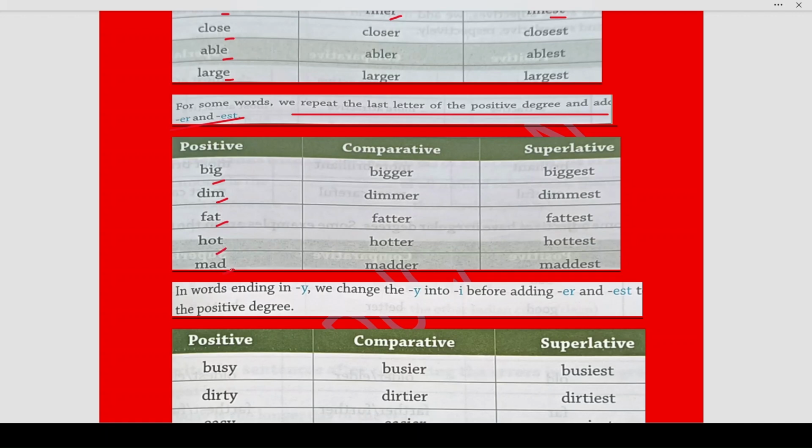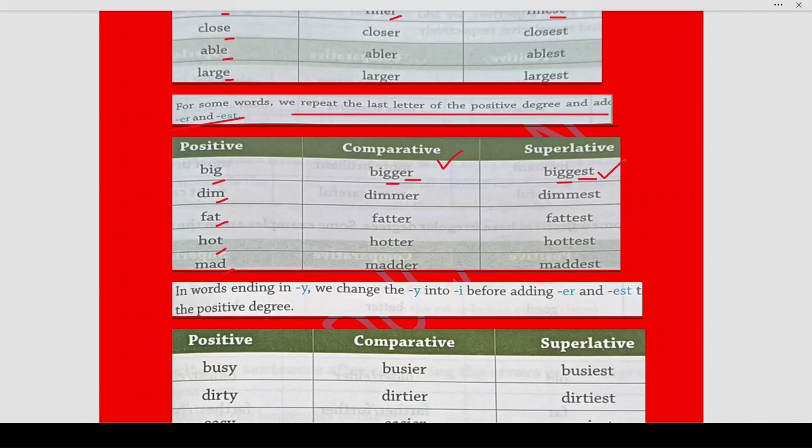So, you have to remember that for some words which end in G, M, T, and D, in the comparative form we double the last letter. Big becomes double G, and we add ER to make it comparative. For the superlative, we double the last consonant again and add est.